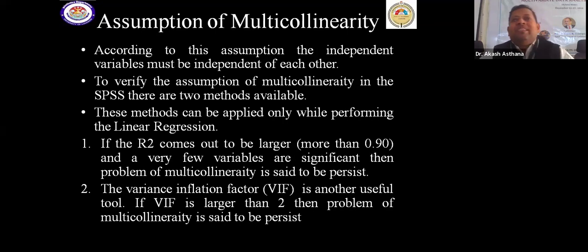Or you can say that predictors must be independent of each other. Multi-collinearity exists when you are using more than one independent variable. If you are using a single independent variable, then there is no meaning of multi-collinearity. That is, when you are using multiple linear regression, you have to check the assumption of multi-collinearity.